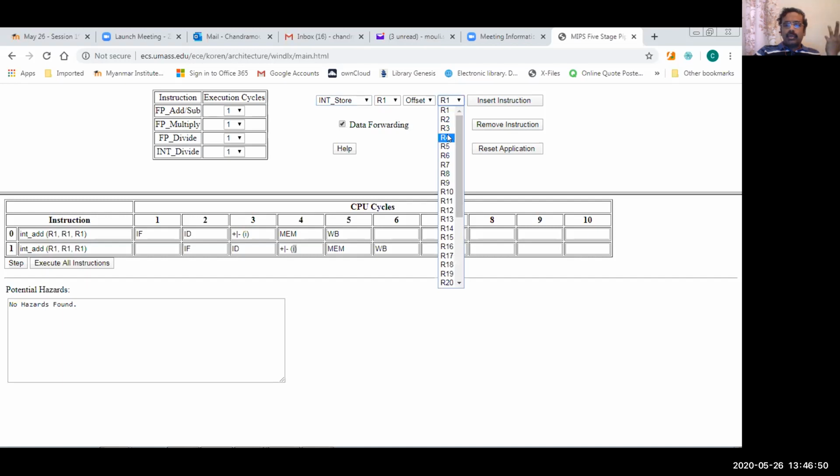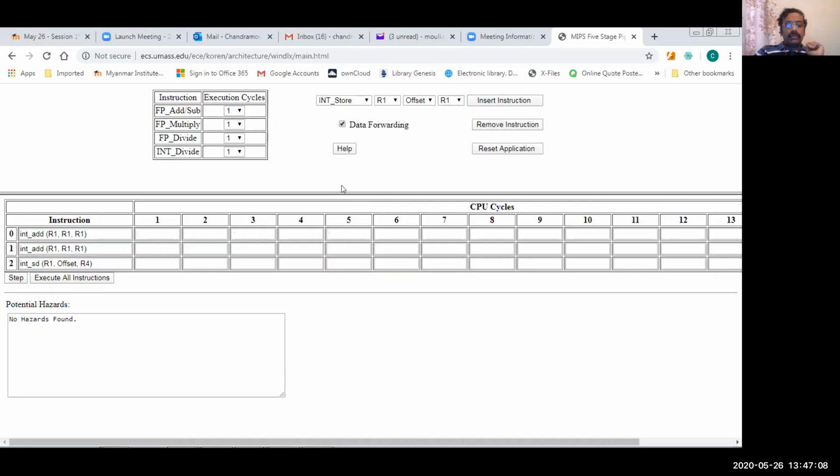I am adding the content of R4 with the offset, and at that address I want to write the value of R1. I have enabled forwarding now. So let me insert it.